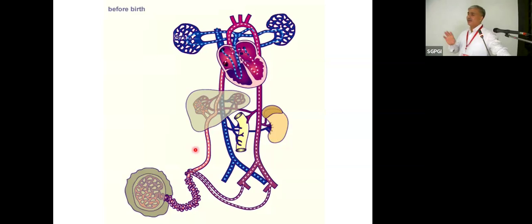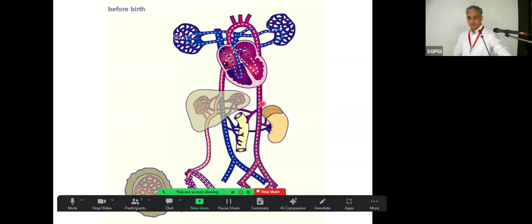So this is what is happening. This is the oxygenated blood which is moving into the liver through the ductus venosus. It is getting into the right atrium.